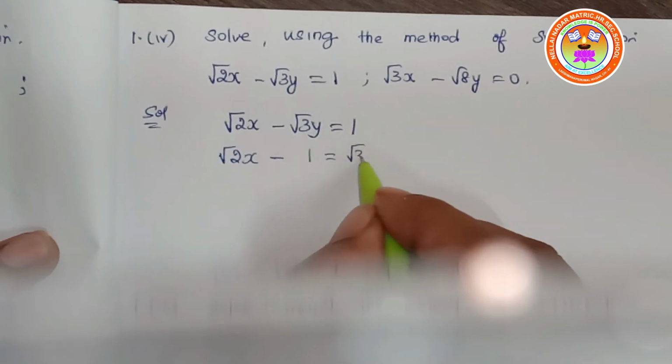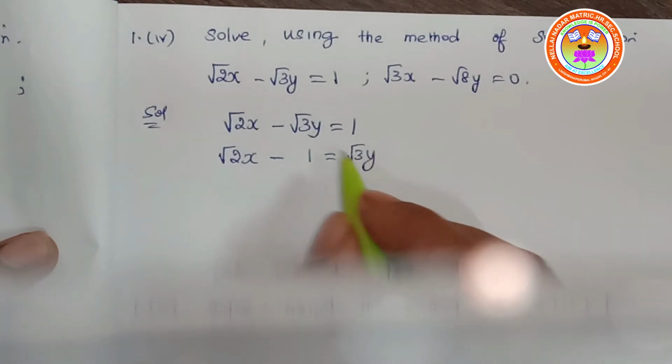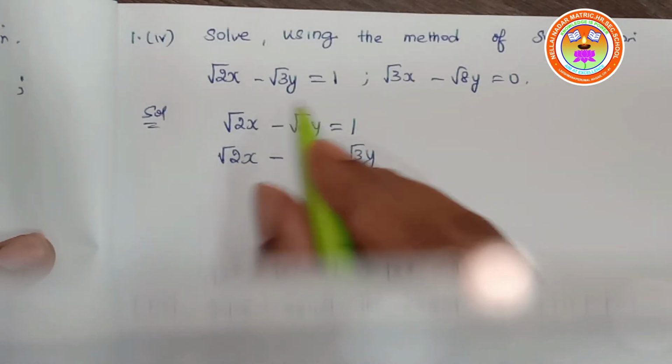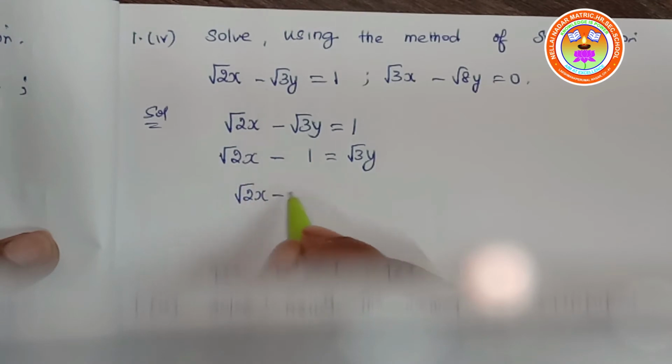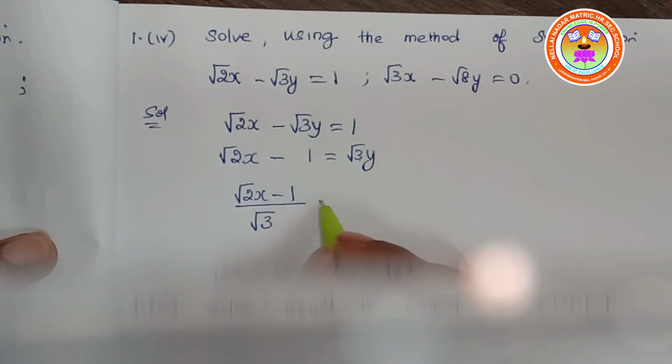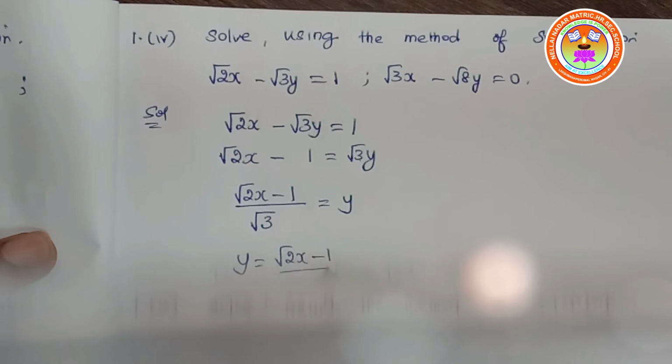That is equal to root 3 into y. y always should be positive, so that negative y changes into positive y. Now root 2x minus 1 divided by y coefficient is root 3. You bring it down in denominator, that is y equal to root 2x minus 1 by root 3. Now you consider this as equation 1.